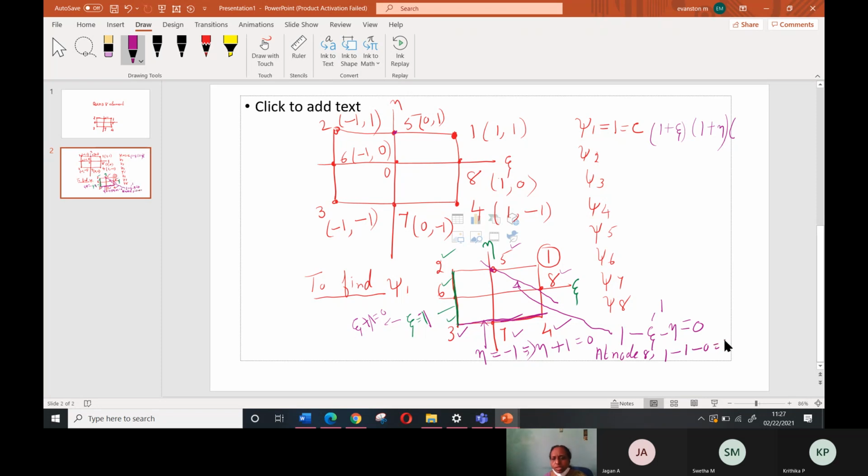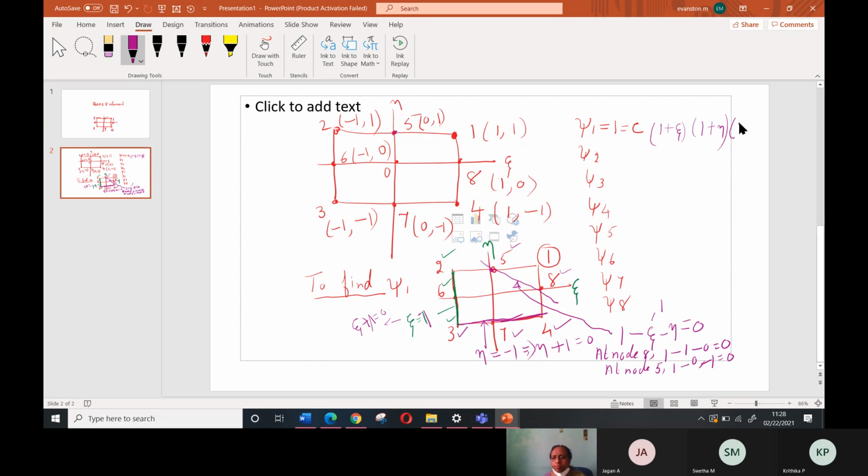So 1 minus 1 is equal to 0. At node 5, 1 minus xi is equal to 0 and eta is equal to minus 1. So 1 minus 0 minus 1 is equal to 0. So that is also getting satisfied. So that is the equation of the line 1 minus xi minus eta is equal to 0.